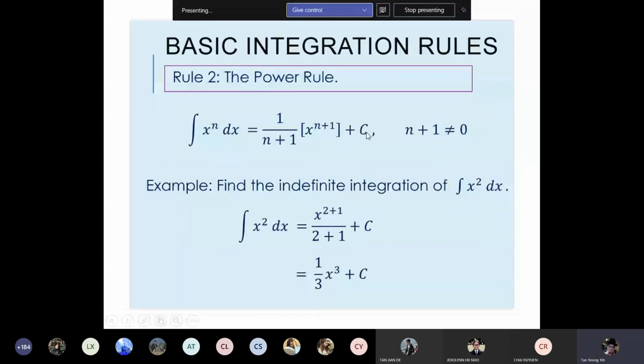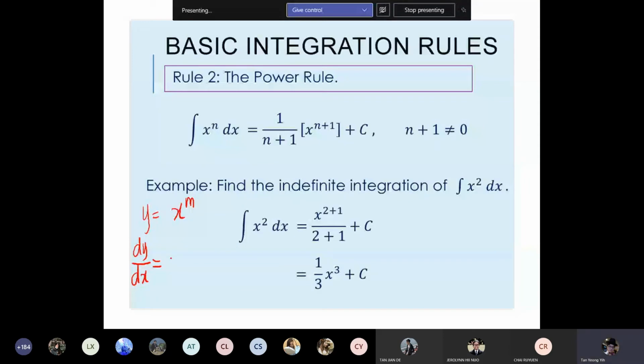Now let me explain why we have this. When we differentiate, let's start with x to the power of m. Let's do some revision.